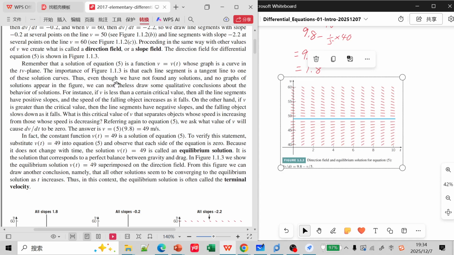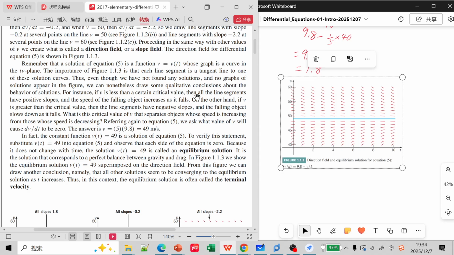Thus, even though we have not found any solutions and no graphs of solutions appear in the figure, we can nonetheless draw some qualitative conclusions about the behavior of solutions. For instance, if v is less than a certain critical value, then all the line segments have positive slopes, and the speed of the falling object increases as it falls. So maybe let's figure out what the v value should be here.